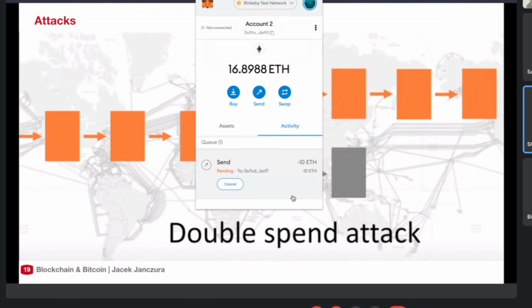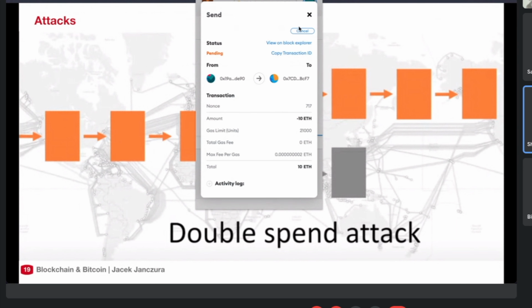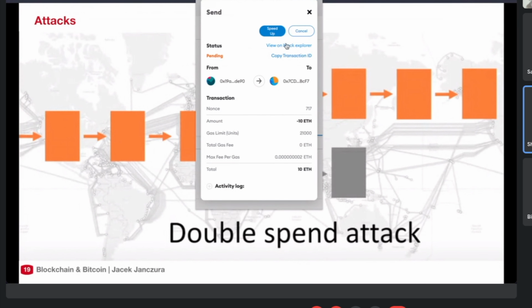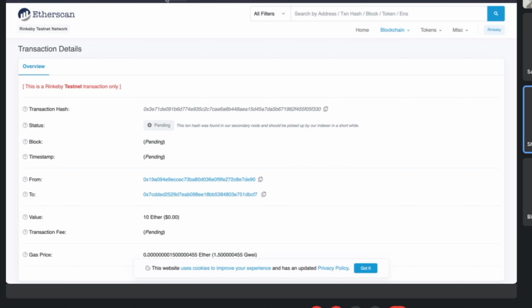Okay, and in a scenario where my peer or my miner gets disconnected from the blockchain, like the example of Australia, what would happen to my transaction? It will be reverted.